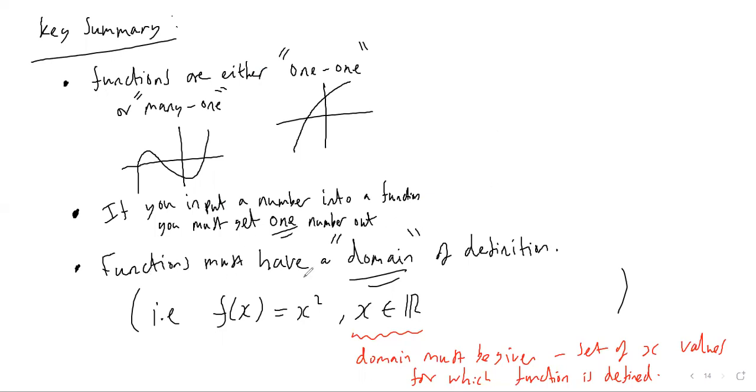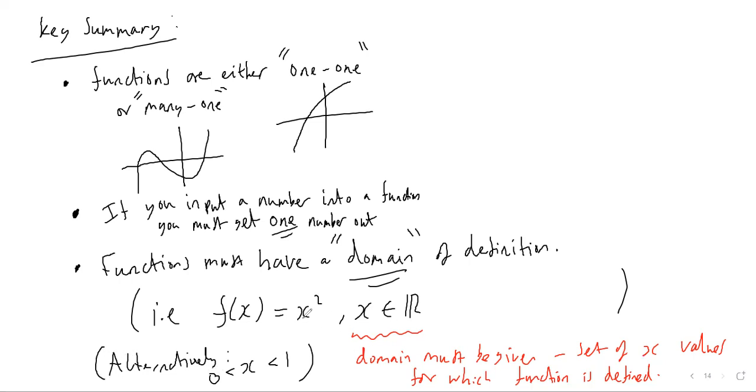Functions must have a domain of definition as well. So for example, f of x equals x squared. Now you must specify this domain. You must say that x can be a real number, or alternatively, you could say something like x is between 0 and 1. So that's another possible domain of definition.